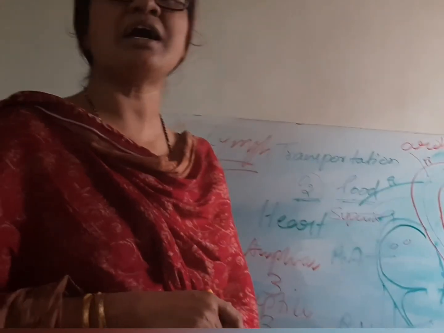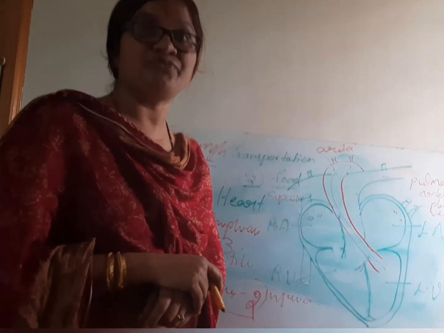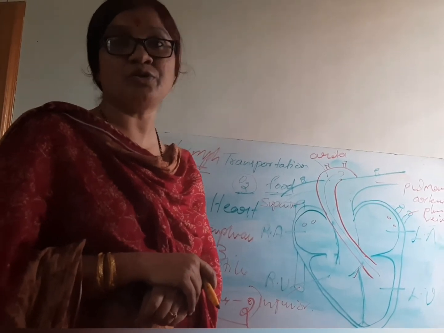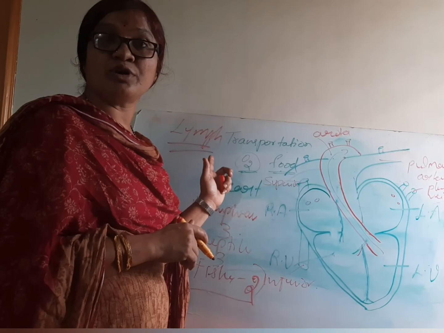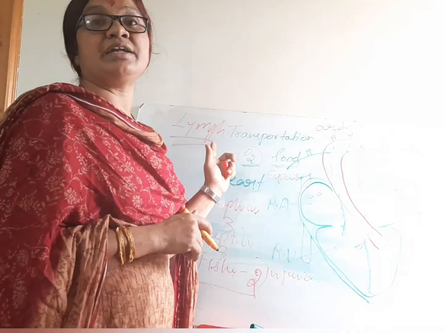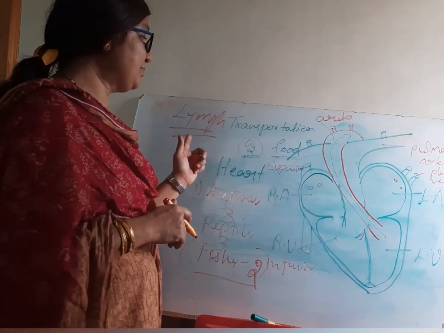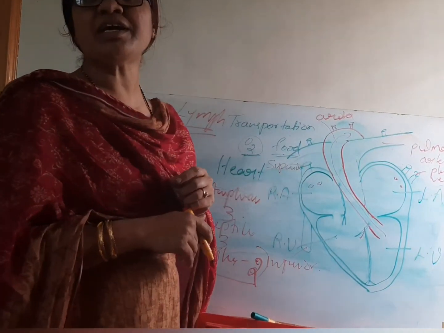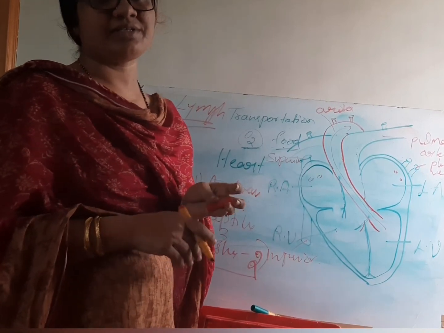So lymph has a major role in building up the immune system. It also acts as a defense. It fights against microbes, pathogens and other foreign bodies, and helps in killing these foreign bodies, and hence helps in building up the immune system in human beings.